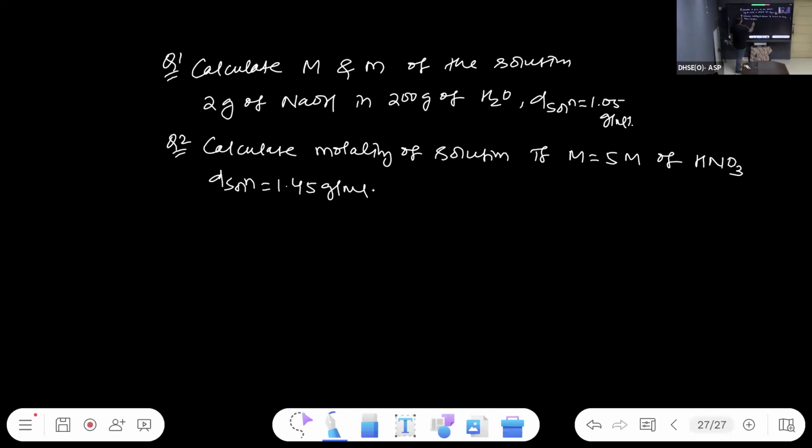Okay, 1.45 gram per milliliter. So quickly solve these two questions. Take 2-3 minutes.